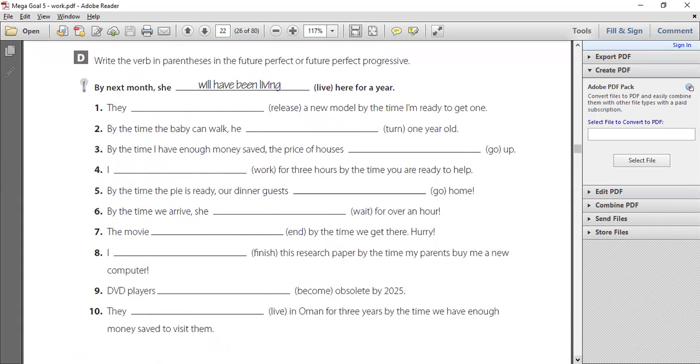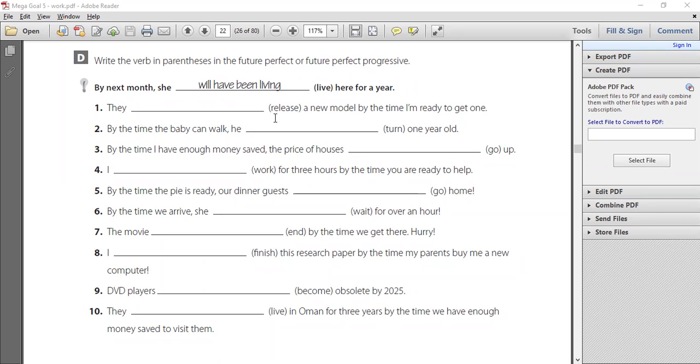Now, in this exercise, we're going to write the verb in parentheses. You see those verbs in the future perfect or future perfect progressive. For example, by next month, she will have been living here for a year.